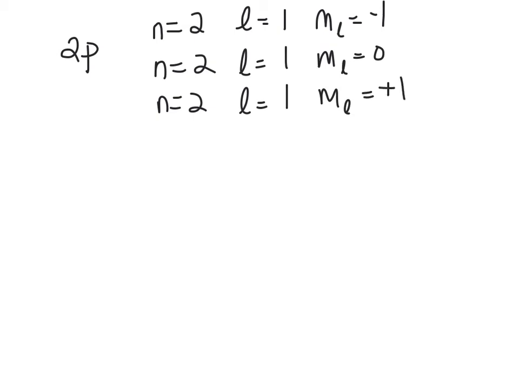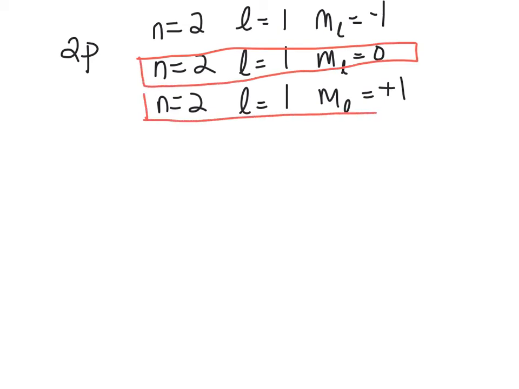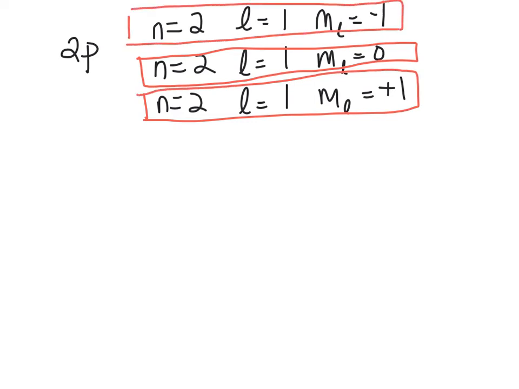So each of these sets of 3 quantum numbers is the address or boundary of an actual p orbital.